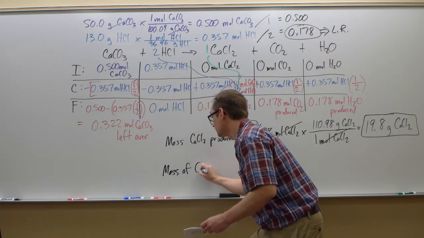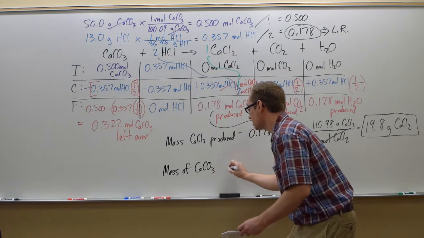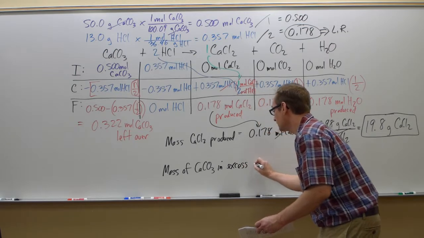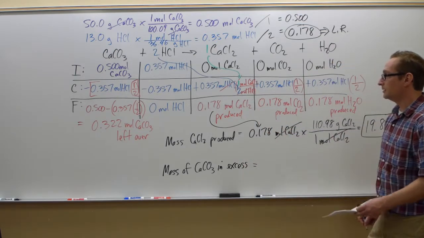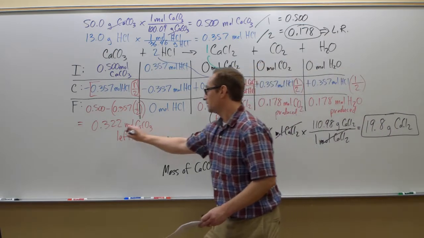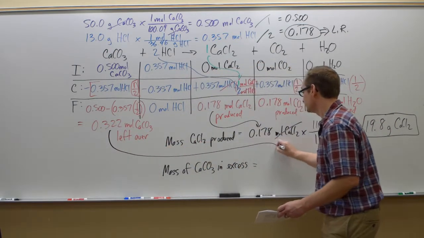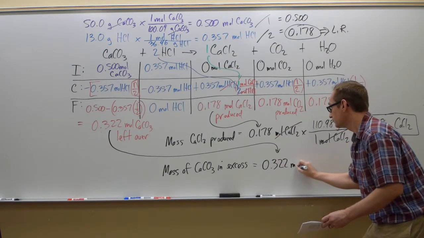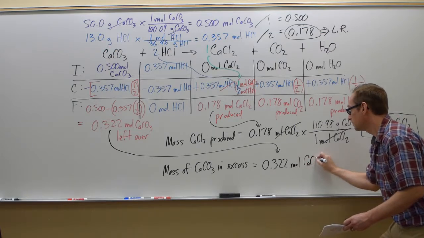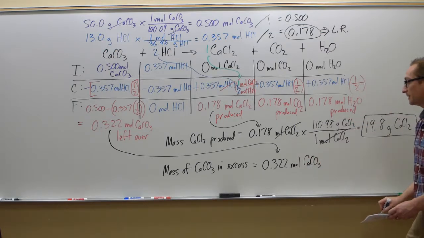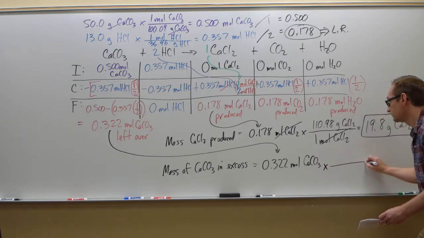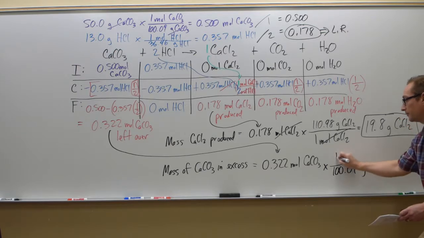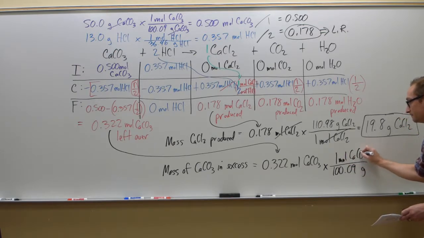Mass of calcium carbonate in excess, that's equal to 0.322 moles of calcium carbonate divided by the 100.09 grams for every 1 mole of calcium carbonate.